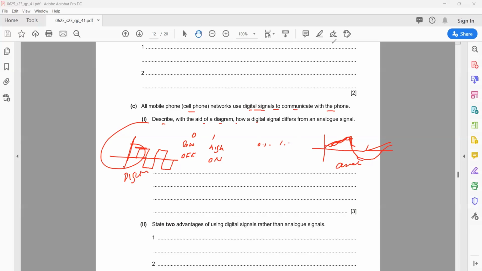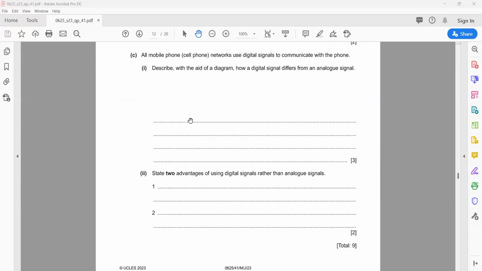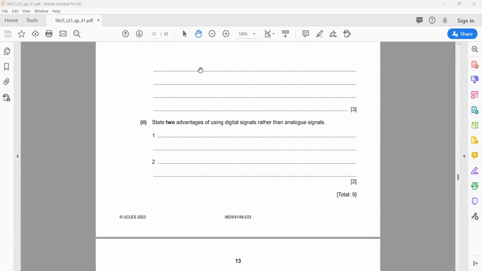Next, state two advantages of using digital signals rather than analog signals. So, you can say the data transfer is faster. Then another thing, you can say data can be compressed.